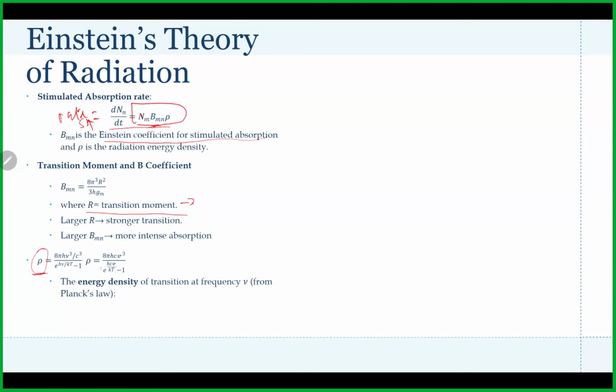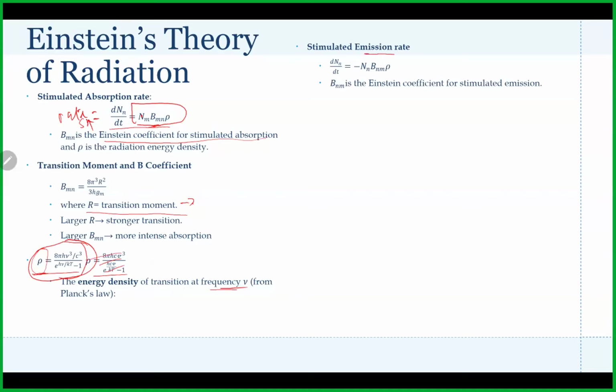is also, one of these equations should cancel. It's the same, it's just repeated. So this is just the intensity of the transition at a particular frequency V, an equation that was derived at the beginning of understanding radiation.